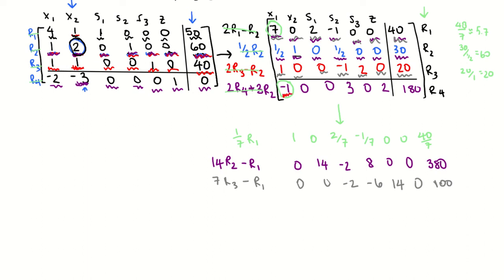Okay, last we want to change this negative 1 to a 0. We can do that by doing 7 times row 4 plus row 1.